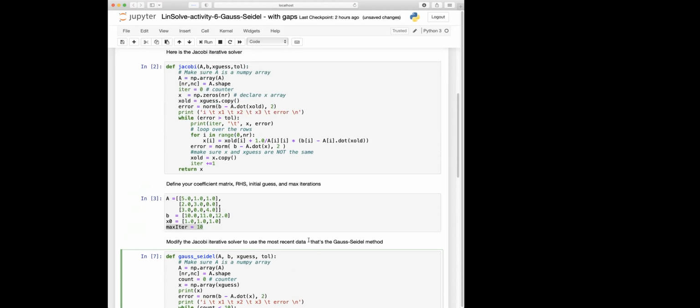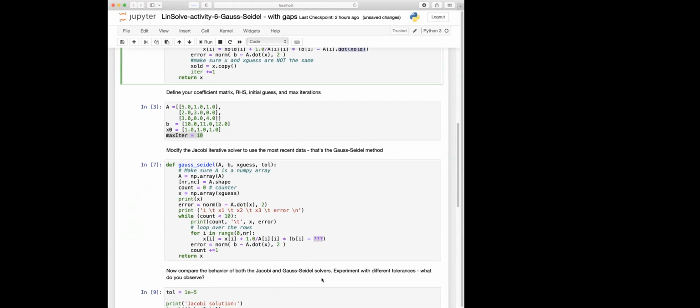So now pay attention. Over here, xi, notice, xi was using xold, this guy over here, ai dot xold. Okay, so that's the dot product of the ith row of the matrix and the old solution vector. With Gauss-Seidel, we said we're going to use the most recent information.